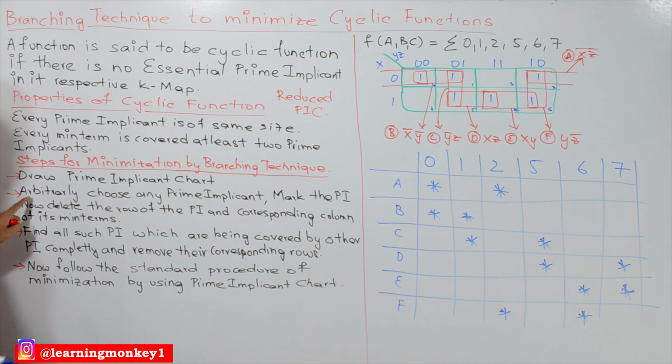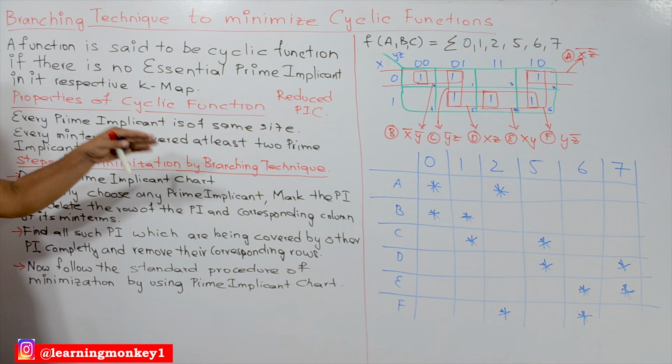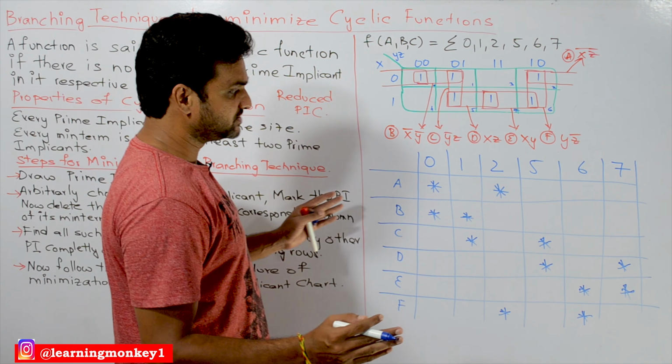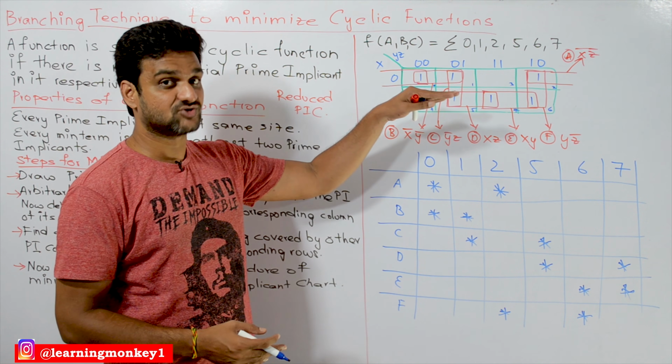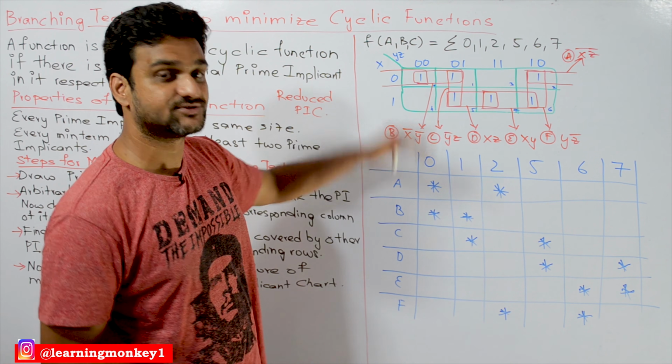Now what is our next step? Our next step is to arbitrarily choose a prime implicant. So we have to choose one prime implicant randomly. That has to be there in the final solution, because we have chosen it.